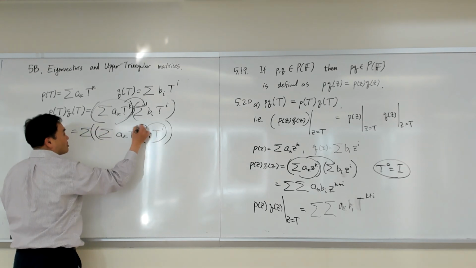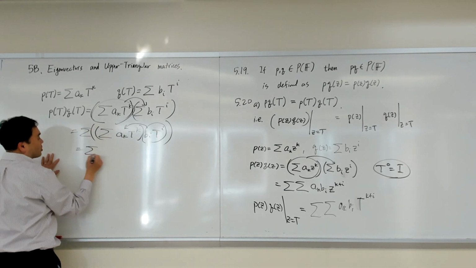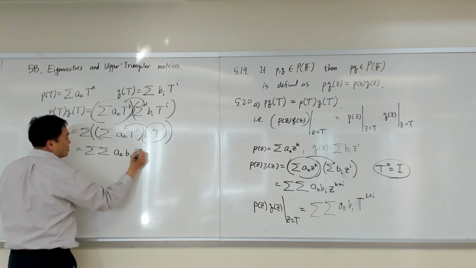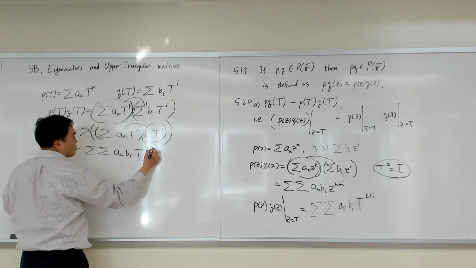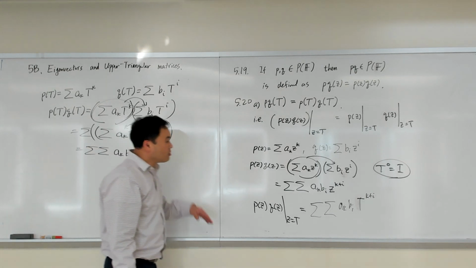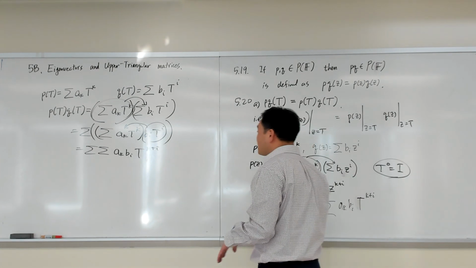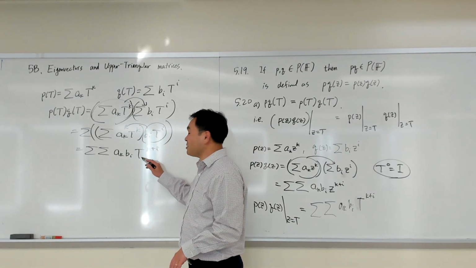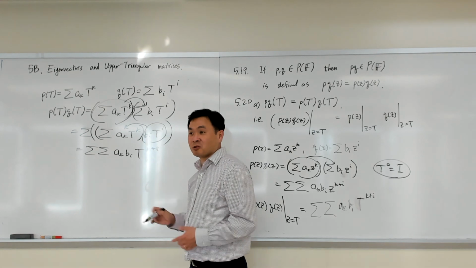You can bring this inside here, so that's a double summation of a_k b_i t^k t^i, which is like that. Okay? So you get the same thing. And all of this is true because t and t are commutative.